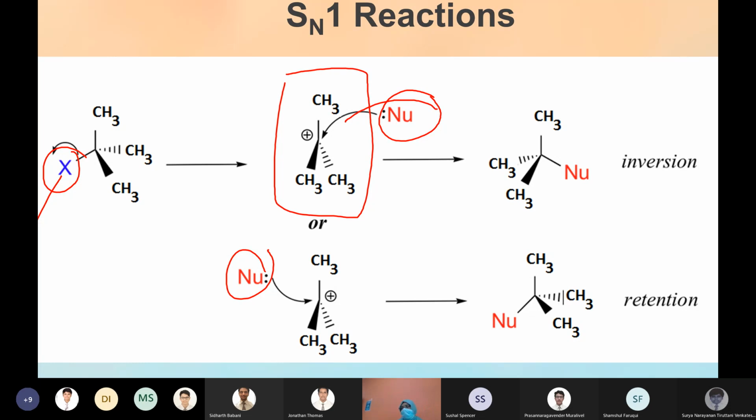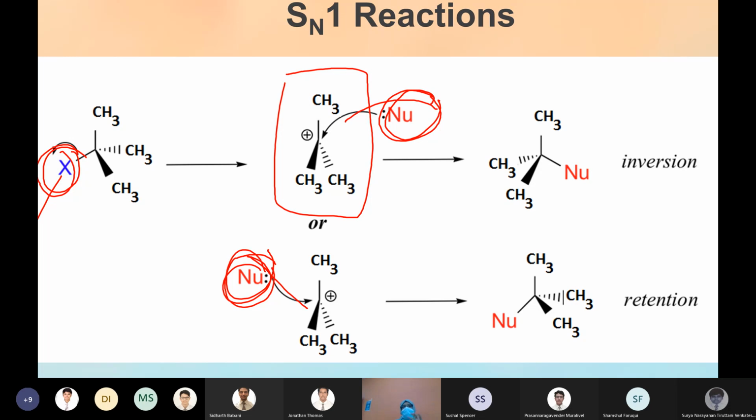To this carbocation, the nucleophile should attack, but it can approach the carbocation either in the same direction as the leaving group. X was on this direction, so the nucleophile can attack in the same direction, or it can also attack from the opposite direction. So that is the choice of a nucleophile, whether it would like to attack from the same side or the opposite side of the X leaving group.